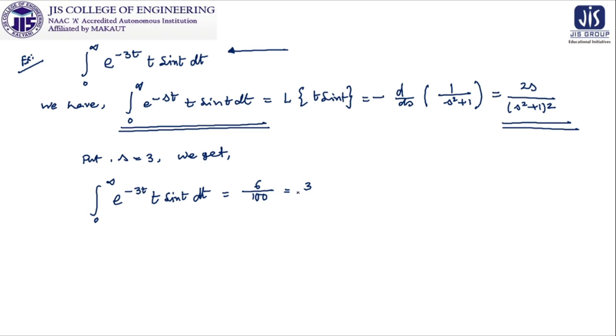So by simplifying we get 3 by 50. So it is apparently a problem of improper integration, but we can do it in only 2 or 3 lines when we apply the Laplace transform and its properties.